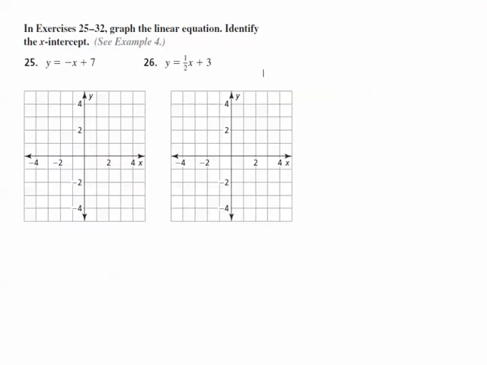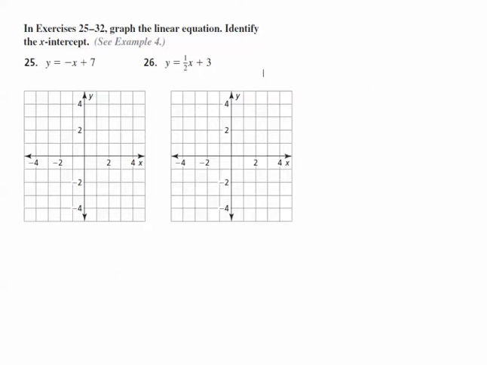All right, so once we can look at an equation and identify what the slope and the y-intercept are, then we can graph those equations, first of all, by plotting the y-intercept. In this case, we can't easily see y equals 7 on the graph with number 25.